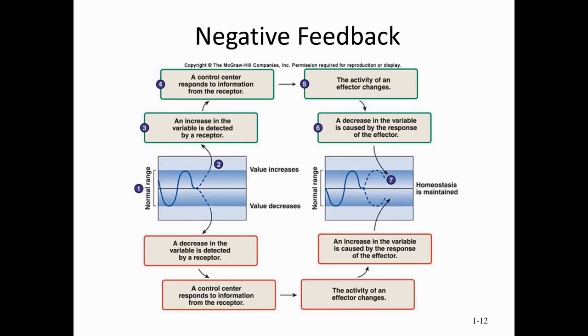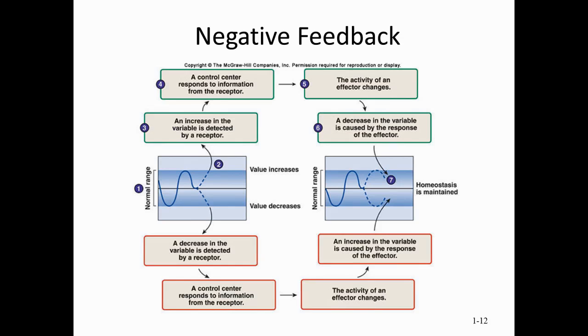Well, then that thermostat is going to send a signal to your heater, your furnace, and that furnace is going to come on and heat up the area until your thermometer in the thermostat registers the temperature around 72 degrees, maybe a little bit above, and then it sends a signal back to the furnace to tell it to shut off.